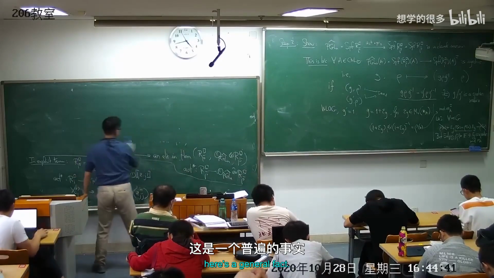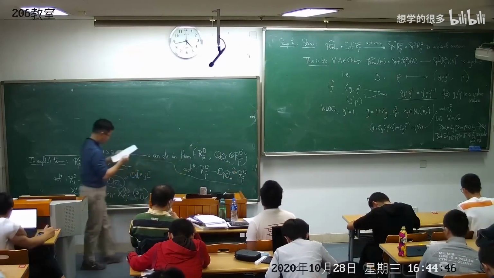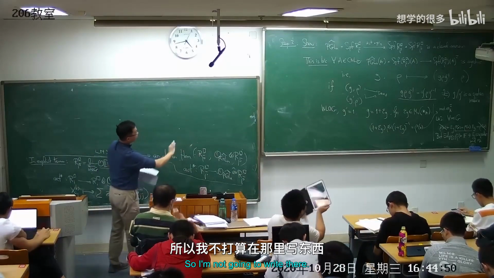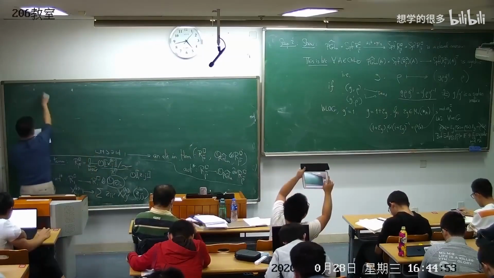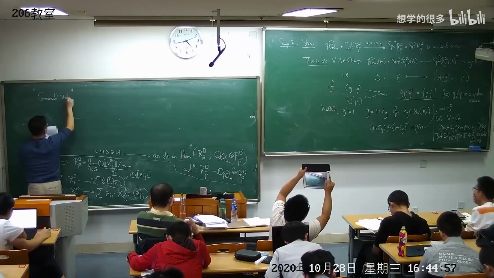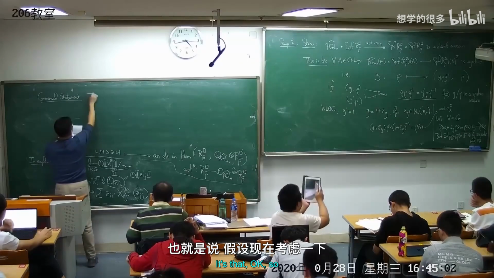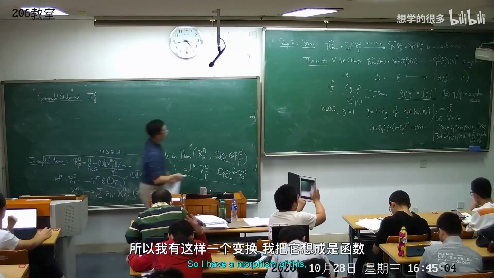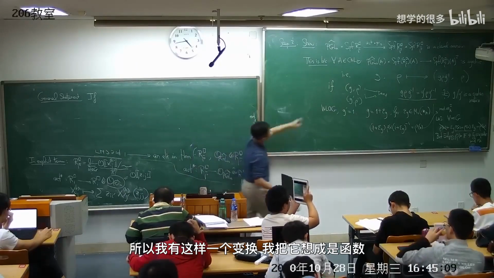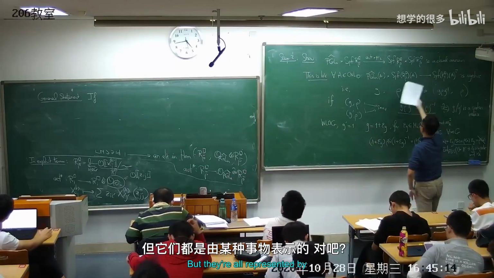Now here's a general fact. Now comes a general statement. I have a morphism. I think of these as functors, but they're all represented by something.